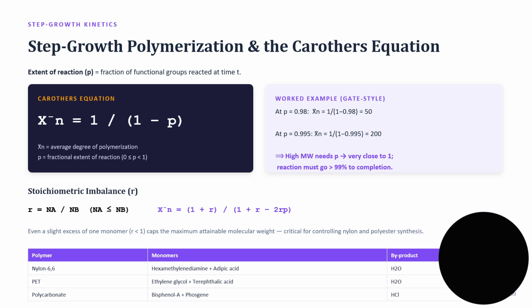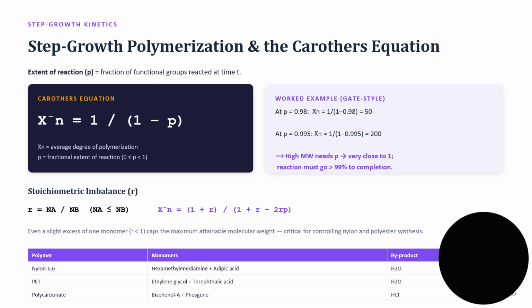Now push conversion to 99.5%. p equals 0.995 and x̄n jumps to 200. Notice how dramatically the degree of polymerization increases for a relatively small increase in conversion near completion.